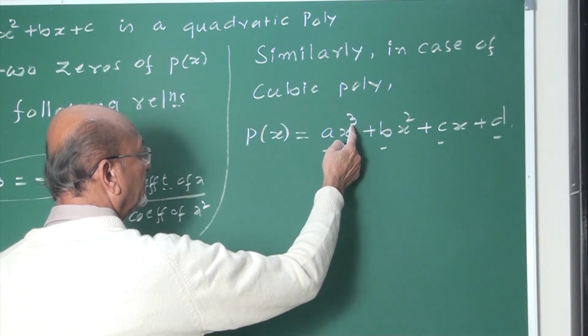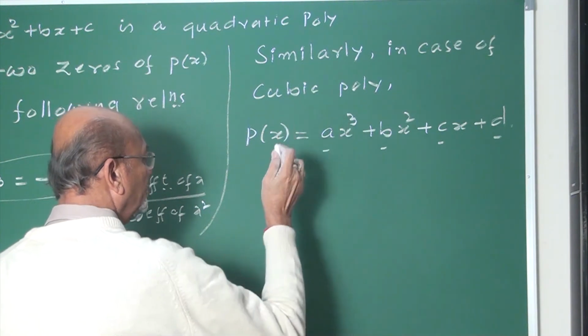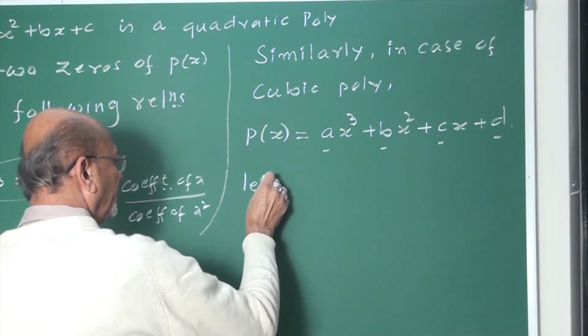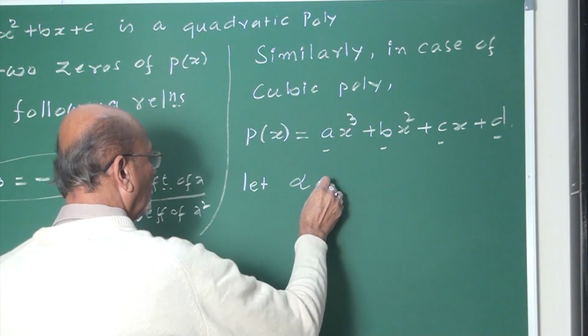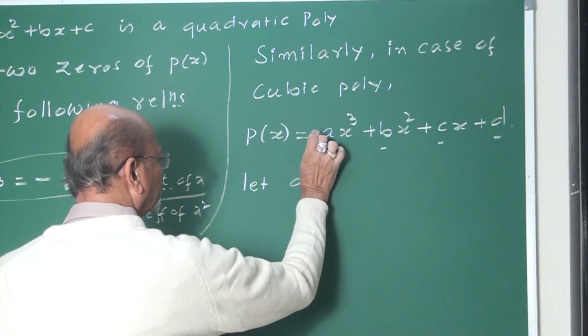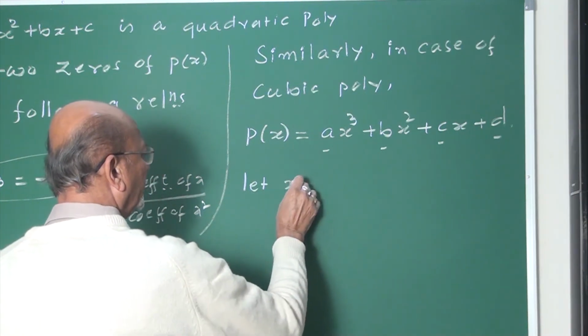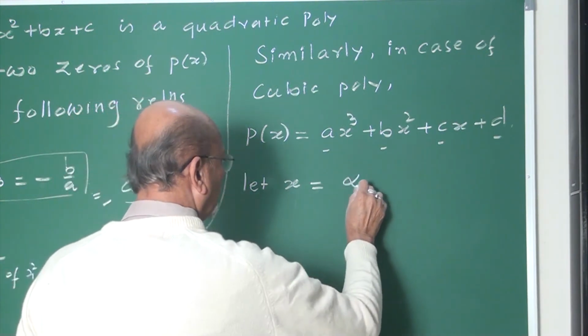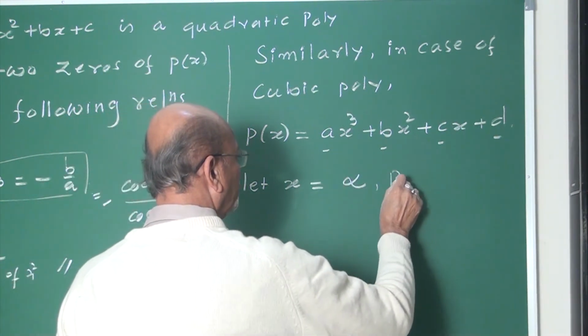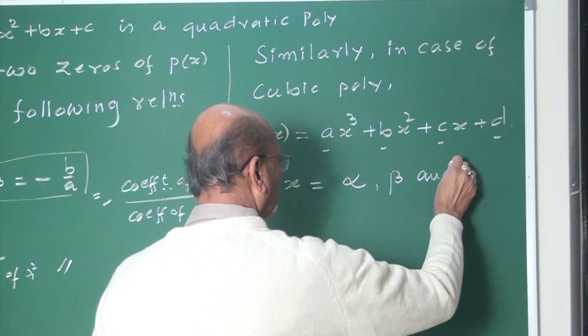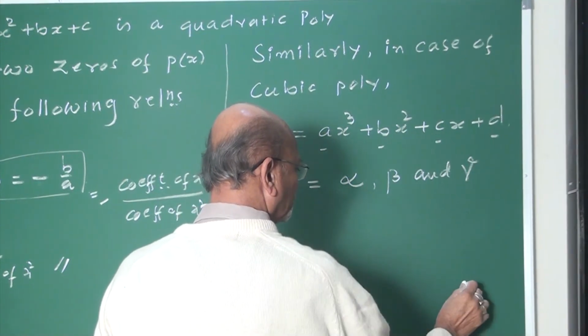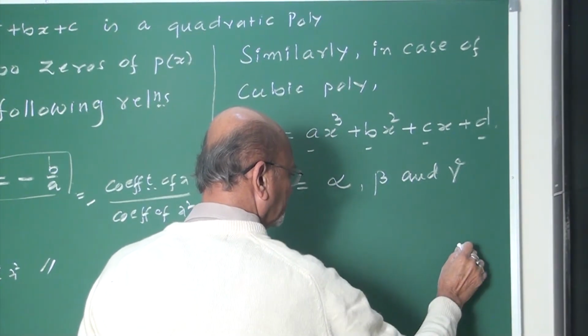When the degree is 3, it has how many zeros? 3 zeros. Let x equal to alpha, beta and gamma.